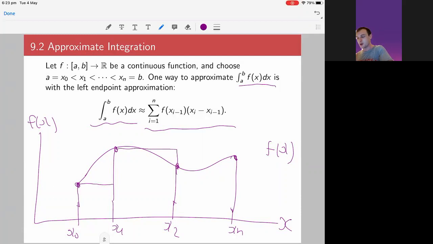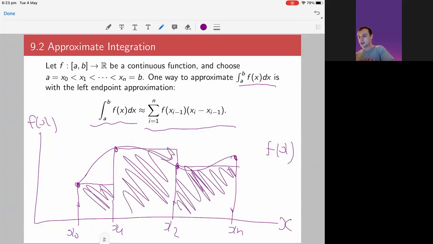So you take the leftmost point of each interval and carry that across and say, well, the area under the curve should approximately be that, plus that, plus that. This is called the left endpoint approximation for the integral because the heights of the rectangles you choose come precisely from the left points of the interval.